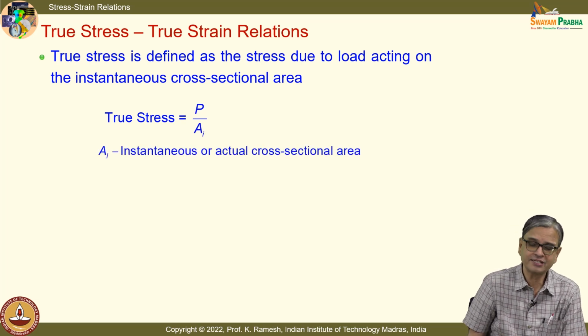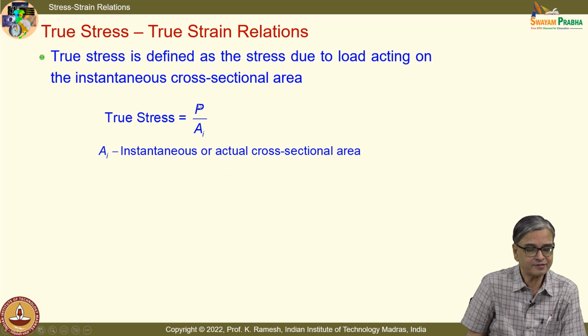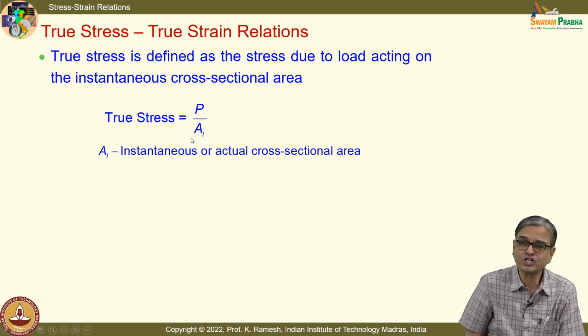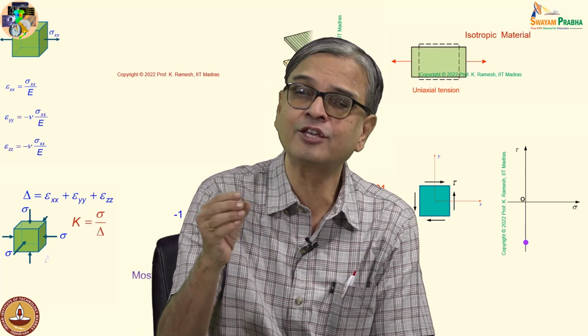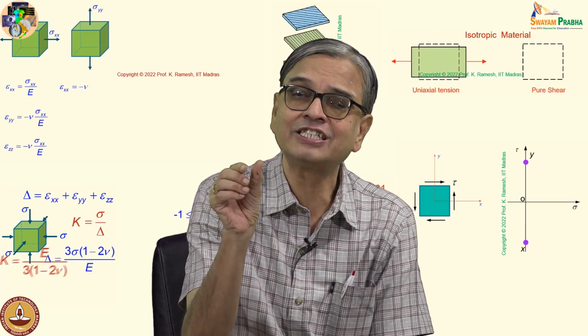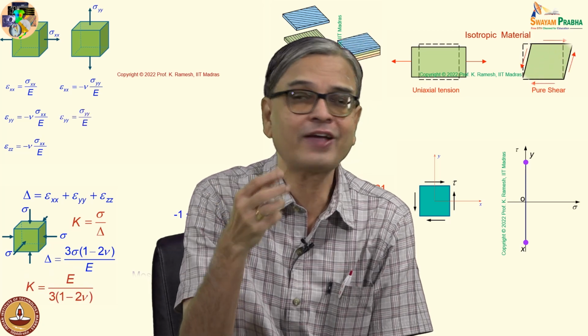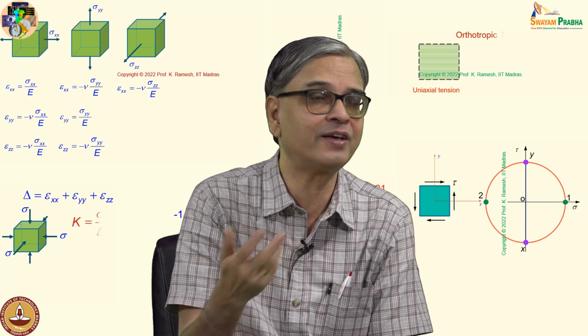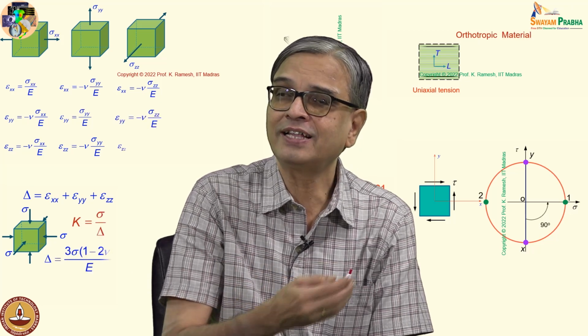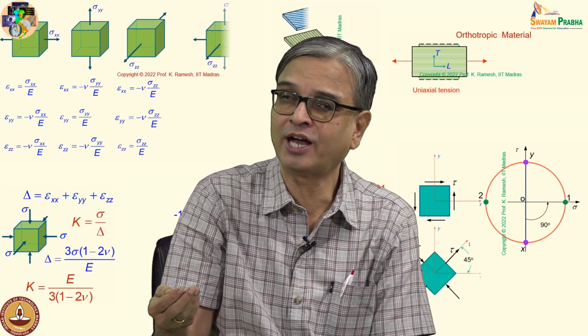The definition is, we have said P by A. You improve the definition of cross section A as the instantaneous or actual cross sectional area. See, this becomes important when the material starts necking. When the material starts necking, you visibly see a change in the cross section. But if you hang on to your original cross sectional area, you are not going to make any headway of that. That is why the graph was going down.